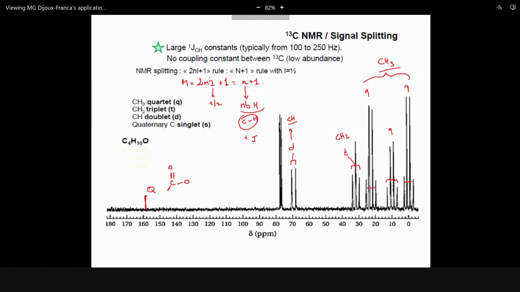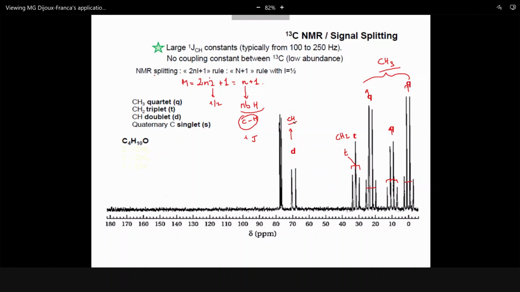So keeping the spectrum like that could be easier to interpret if we have a small molecule with a small number of carbons. But if you have, let's say, 30 carbons or 27 carbons, you won't see anything in the structure.